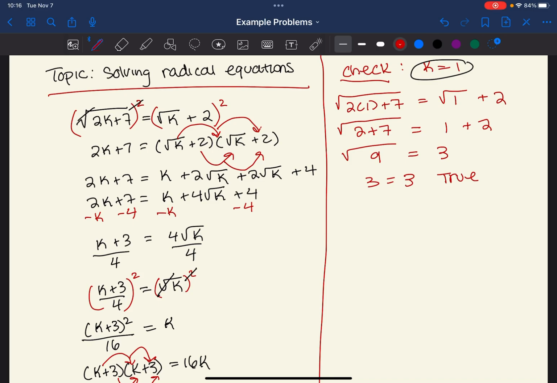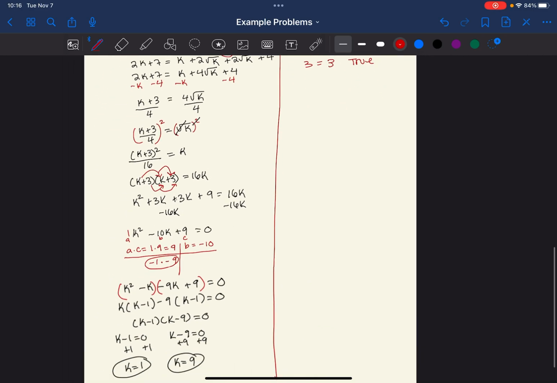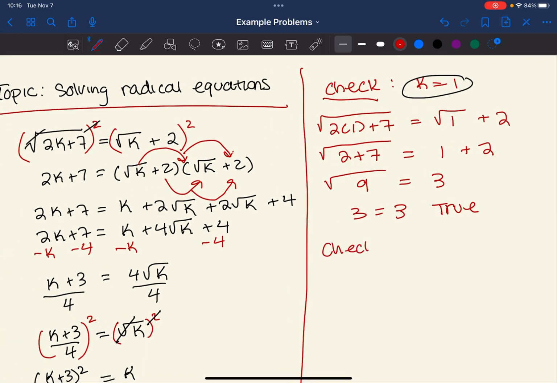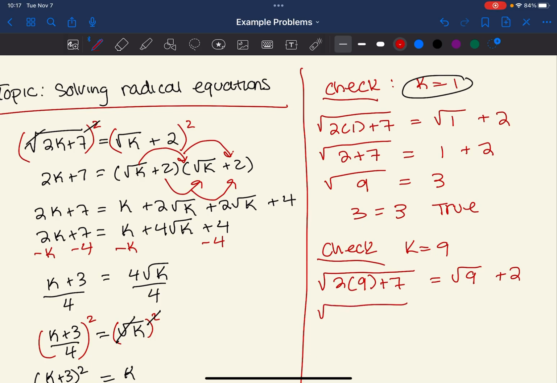Now I'm going to check when k is 9. That was the other one we got. So I have the square root of 2 times 9 plus 7 is equal to the square root of 9 plus 2. Simplifying this, 2 times 9 is 18, so 18 plus 7 is equal to the square root of 9, which is 3, plus 2.